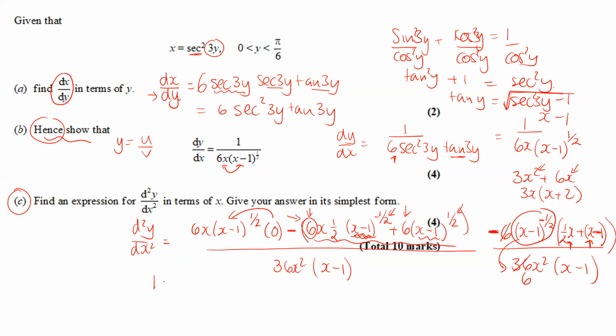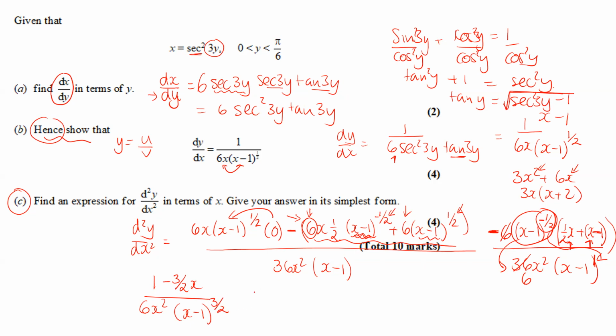So I'll have 1 minus 3 over 2x all over a 6x squared, and then an x minus 1. When I've taken this to the minus half down, it's going to join in with this 1, and we're going to add them together, and that's going to be 3 over 2.